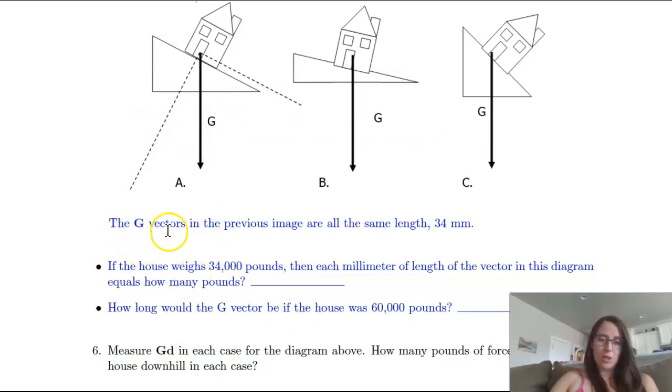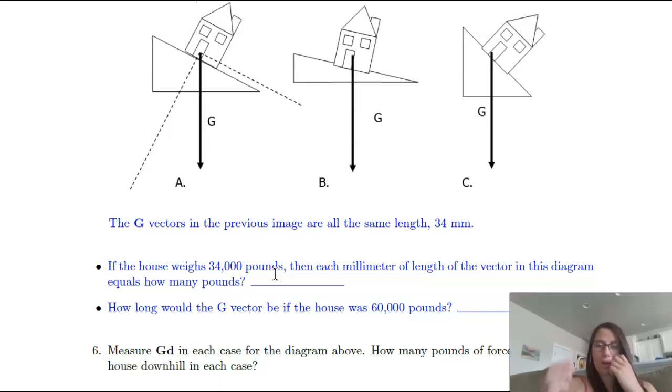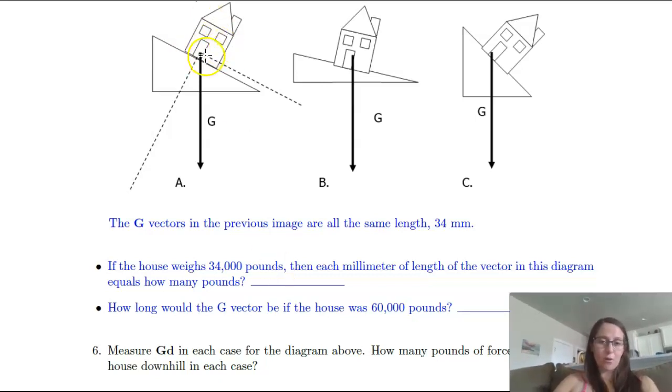So the G vectors, all three in the pictures, are the same length, which is 34 millimeters, okay? If each of these houses, I should say, weighs 34,000 pounds, then each millimeter of length of the vector in this diagram equals how many pounds? Hopefully you're thinking that there's an equivalence between how much weight is being supported on the slope and the magnitude of the gravity vector.